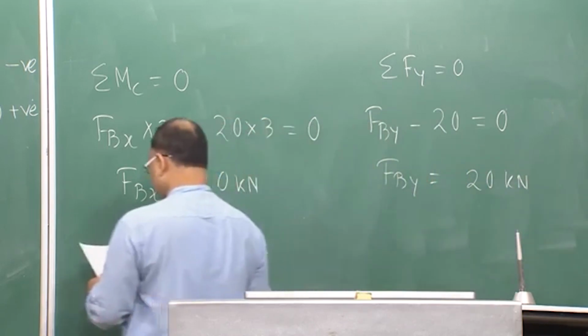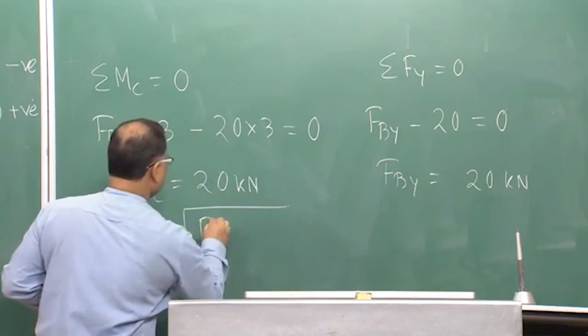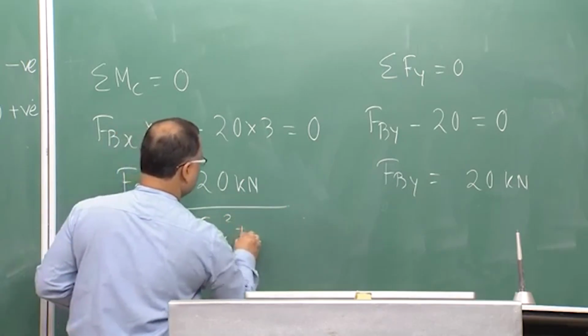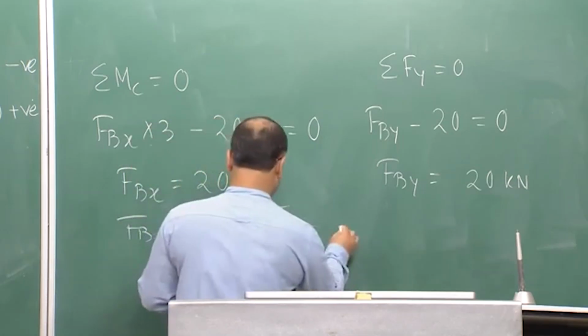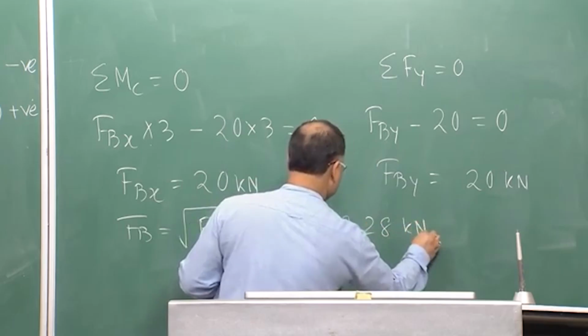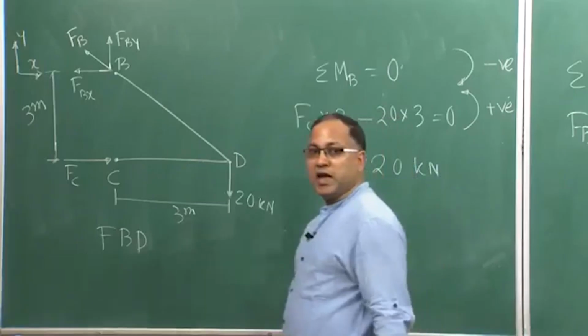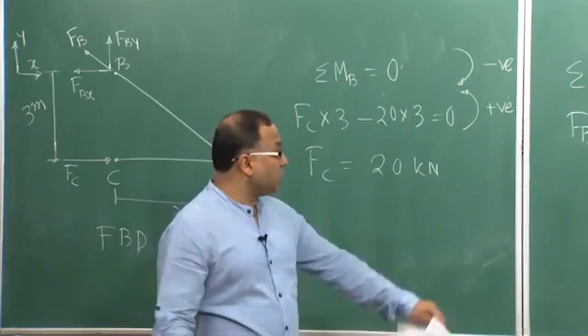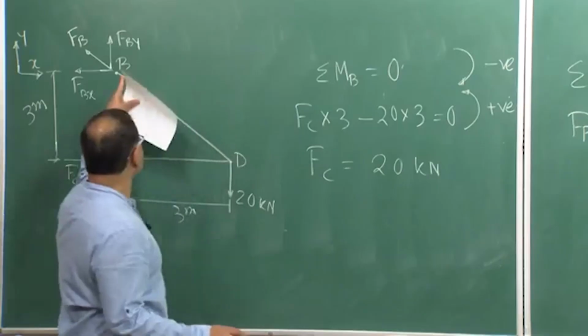Therefore, Fb I can write simply as the square root of Fbx square plus Fby square, and that comes to 28.28 kilonewton.